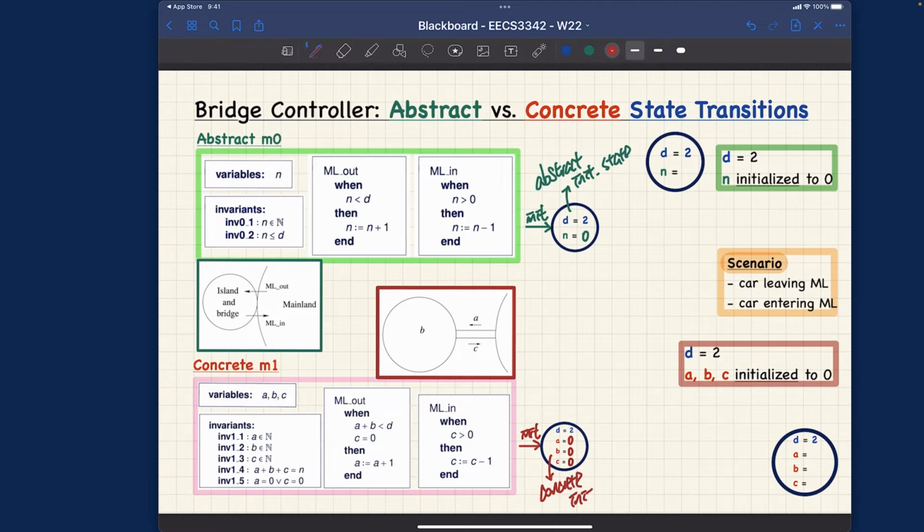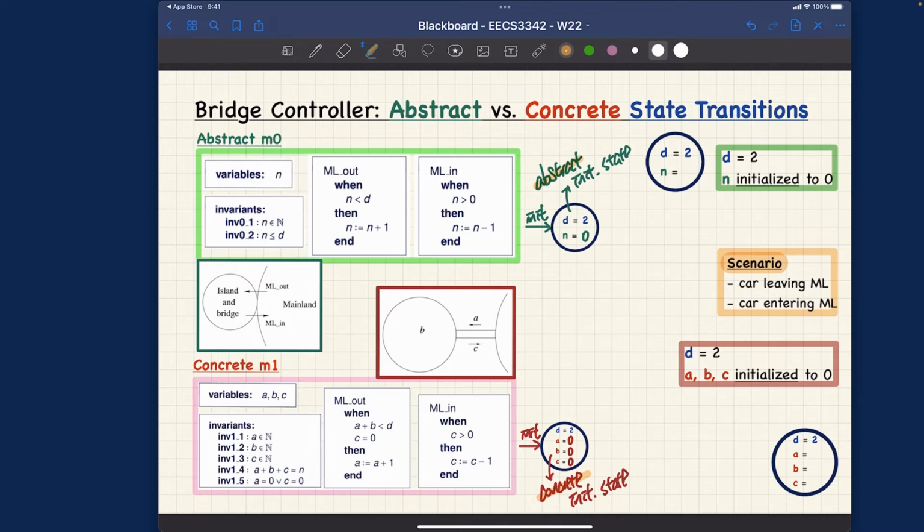The very important distinction to make is really the one between abstract versus concrete. And how do we show that these two states are consistent with each other?